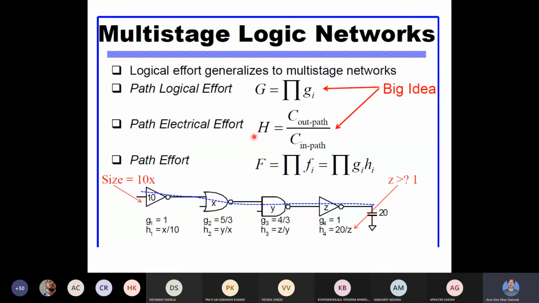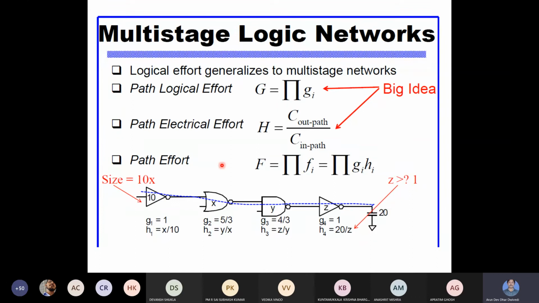Then path electrical effort capital H. Previously for a single stage we used small h, but capital H we are using now. Path electrical effort H is C out path by C in path, so the output capacitance of the path by the input capacitance of the path.